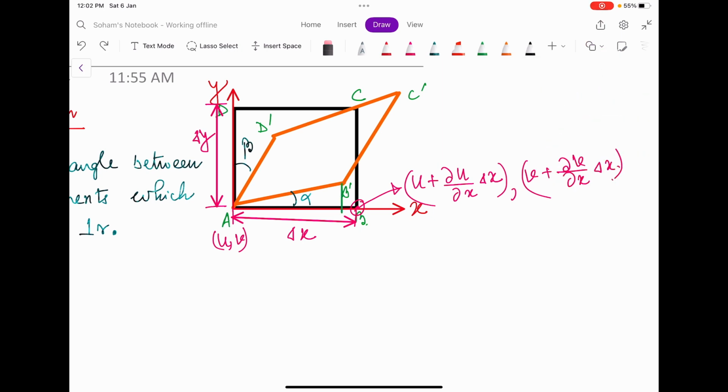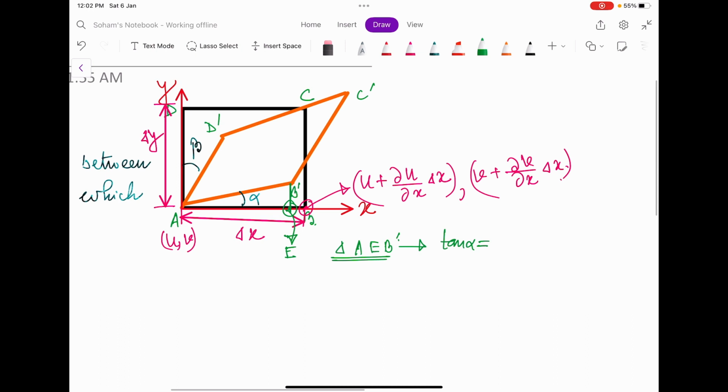So this is the perpendicular, and maybe this point is E. From triangle A E B dash, this gives us tan alpha is equal to B dash E by AE.